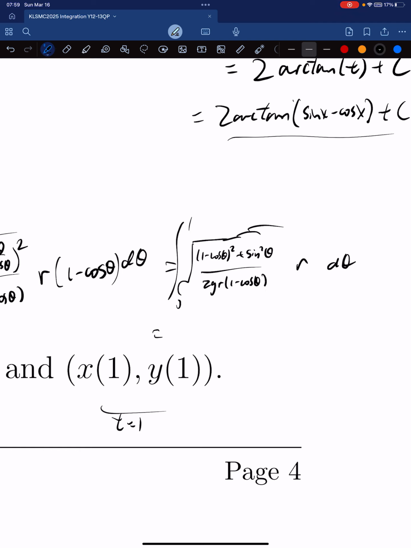So if we write our sine theta squared as (1 minus cosine theta) times (1 plus cosine theta), we will get (1 minus cos theta) plus (1 plus cos theta) over 2gr.